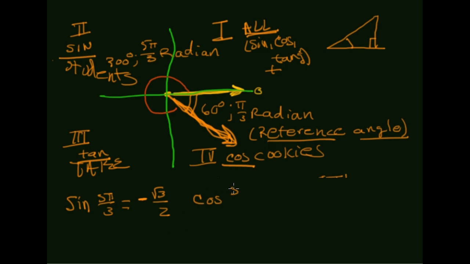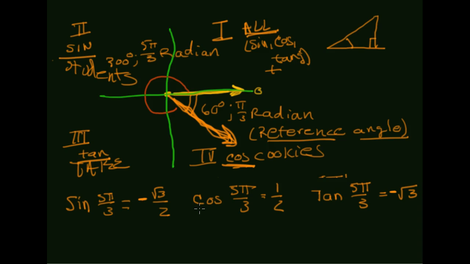So the cosine of 5 pi over 3 is equal to 1/2, and that one's positive because I'm in the fourth quadrant and the cosine is positive. The tangent of 5 pi over 3 is going to be the square root of 3, but this one is negative because, again, only the cosine is positive.